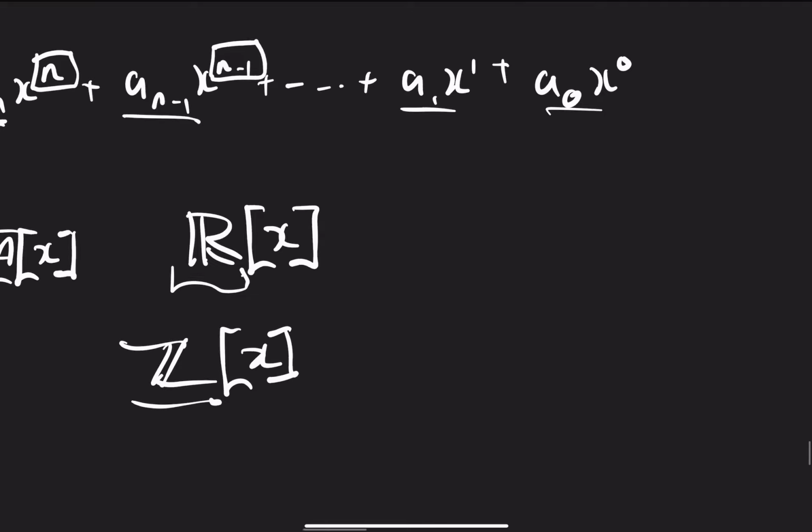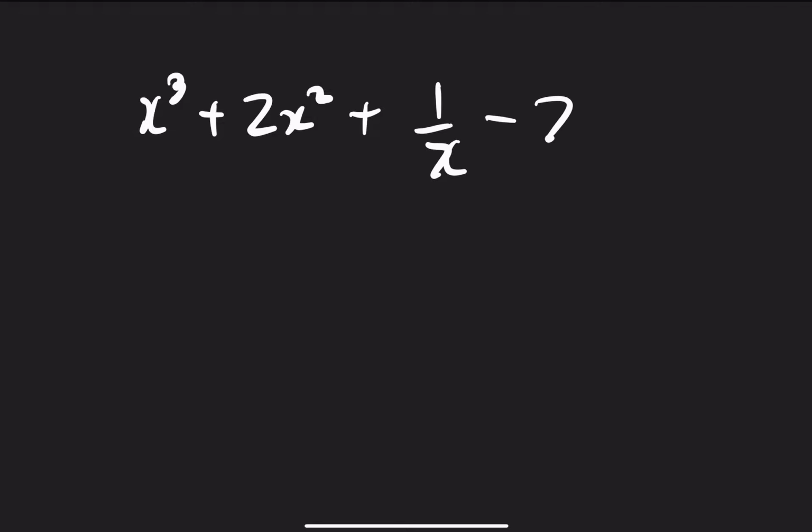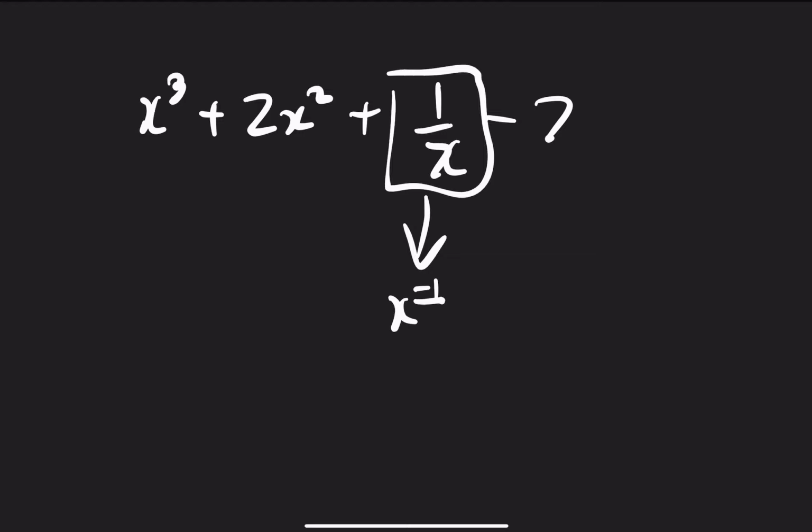So for example, something like this is not a polynomial. Why is that? Well, 1 over x is just x to the power of minus 1. If you don't know that, go watch a video on exponent laws or something. That's the same as x to the power of minus 1, which is negative, therefore it's not a polynomial.